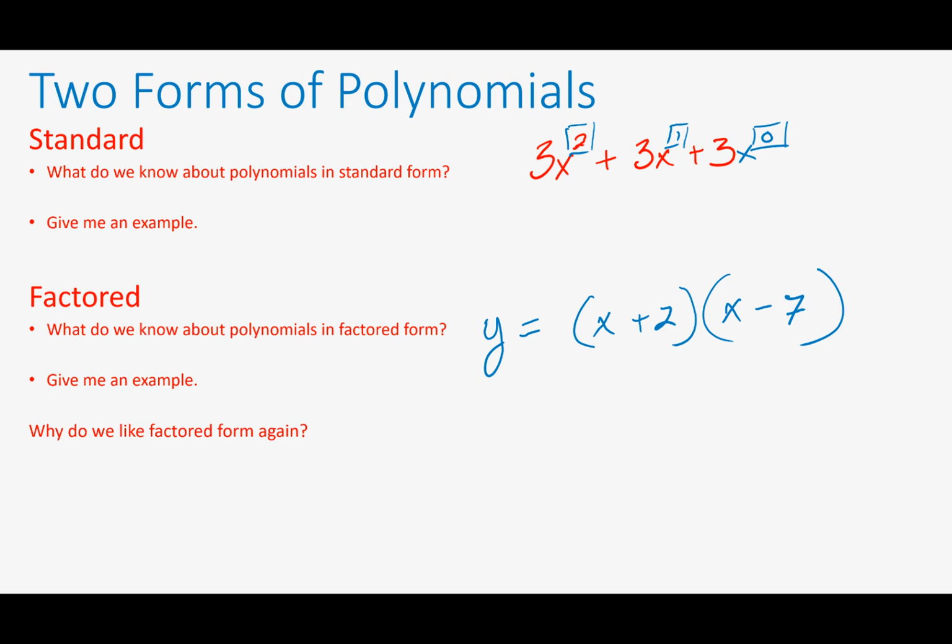Because in factored form, if they told me, well, I want this to equal 0, I know the only time it's going to equal 0 is x is a negative 2 and x is a positive 7. So if I have it in factored form, I know the zeros of my functions, and the zeros simply mean where it's going to cross the x-axis.